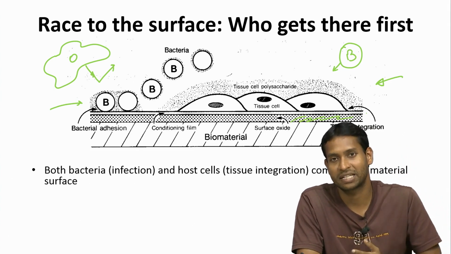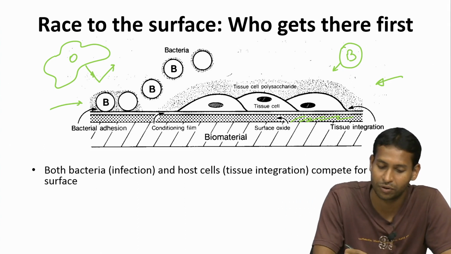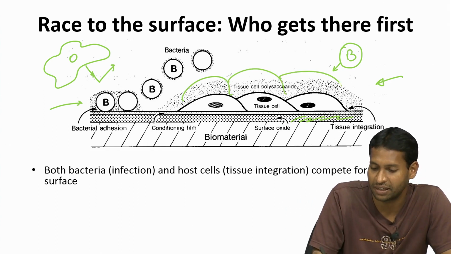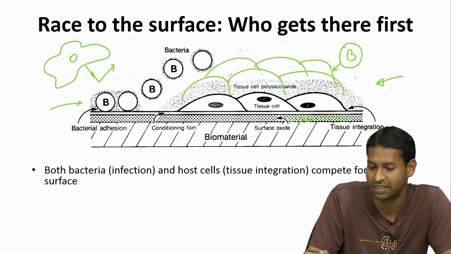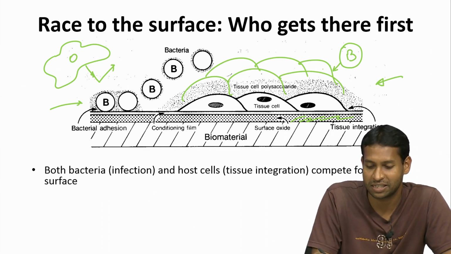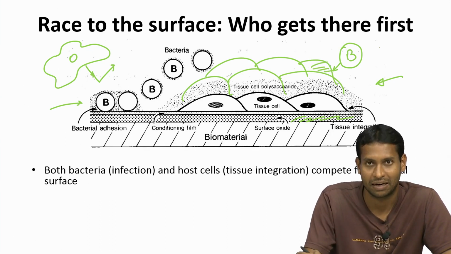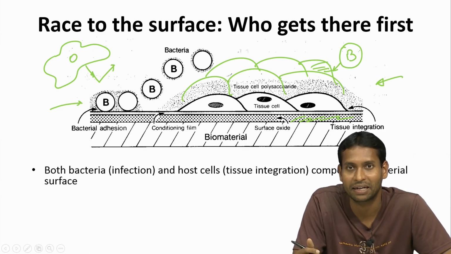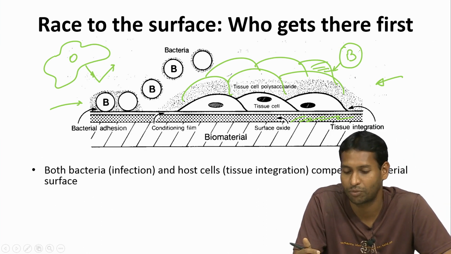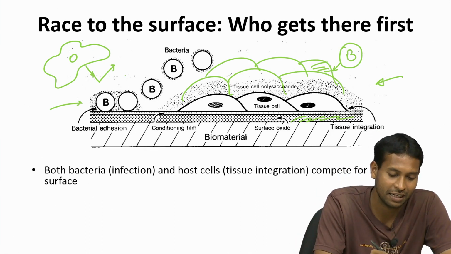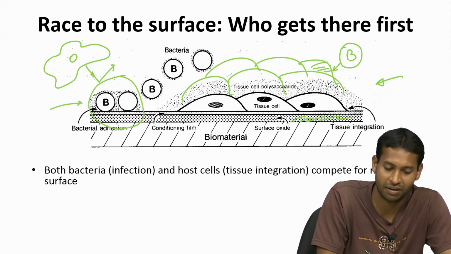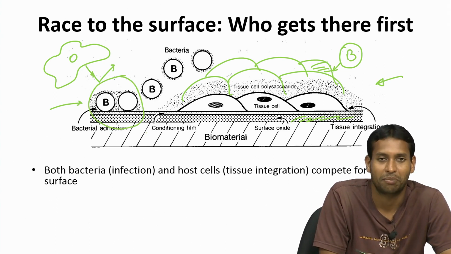So, let us say a bacteria does come and adhere to this multicell layer surface. The body can essentially just kill this particular cell, and along with it the bacteria, so that the bacteria is not able to stay in the body. But where it resides on a surface, the body has really no option.